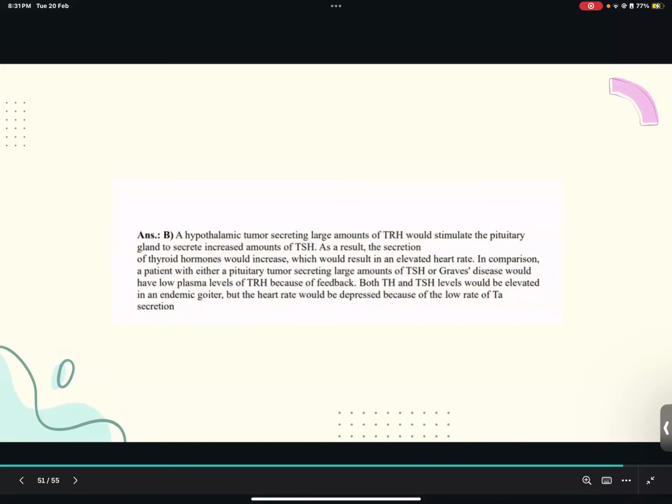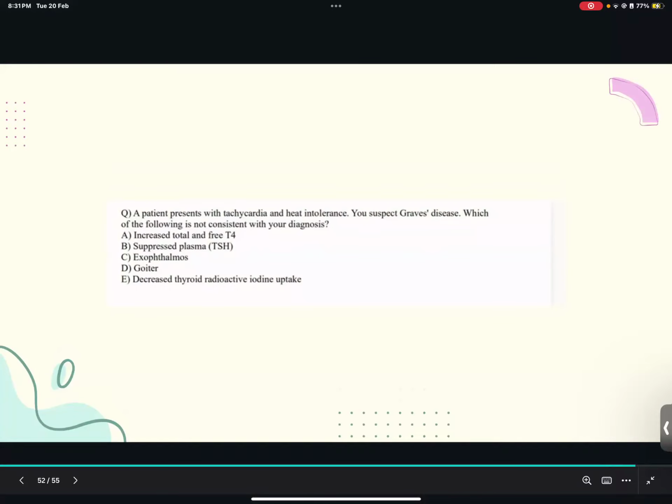Now, one last question. A patient presents with tachycardia and heat intolerance. You suspect Graves' disease. Which of the following is not consistent with your diagnosis?